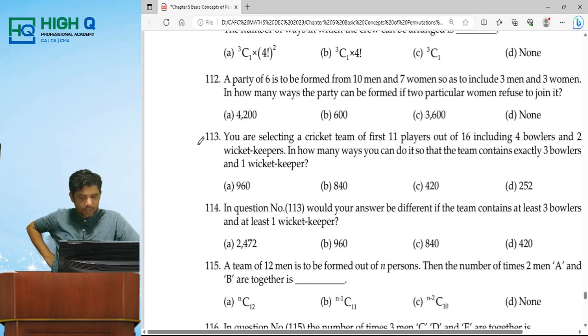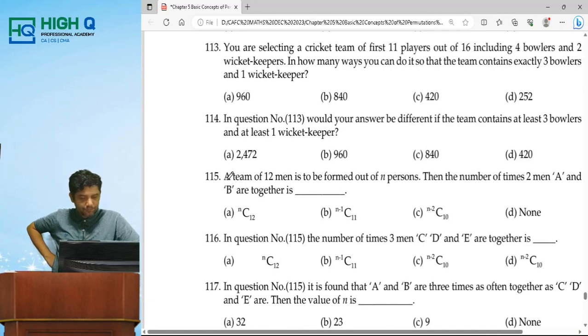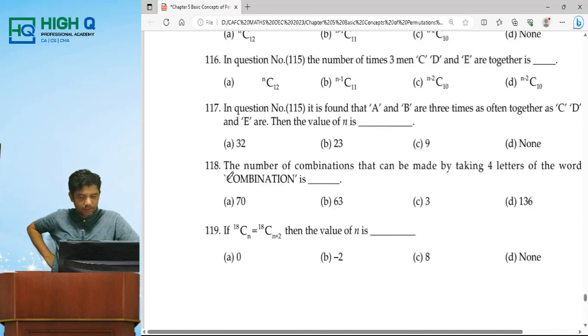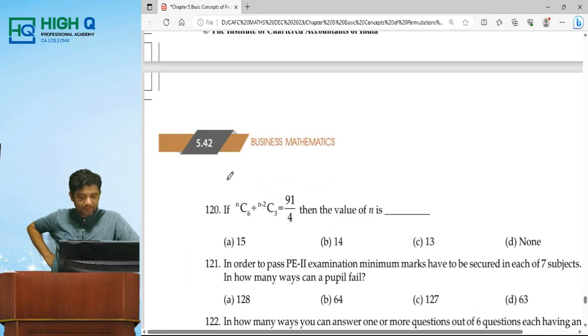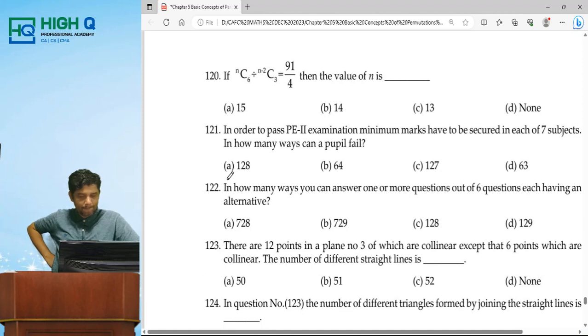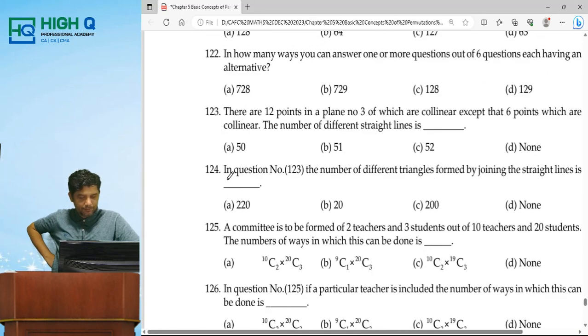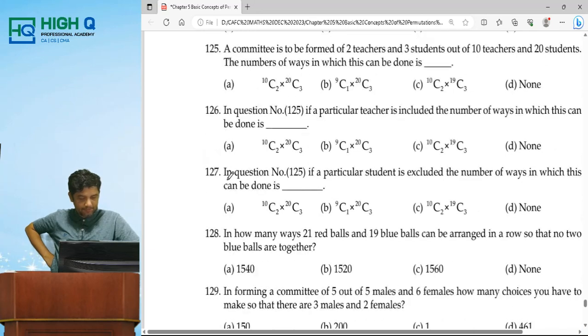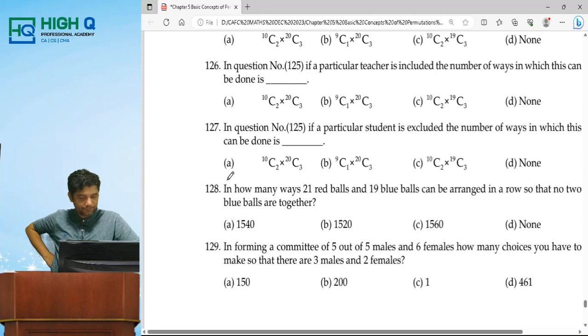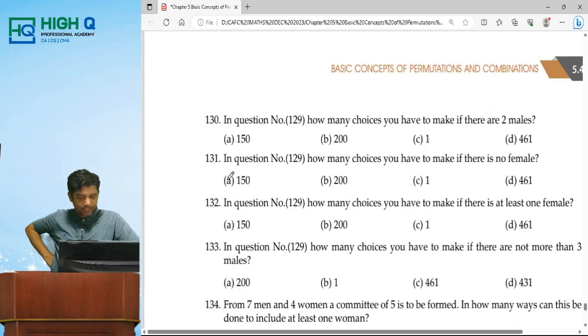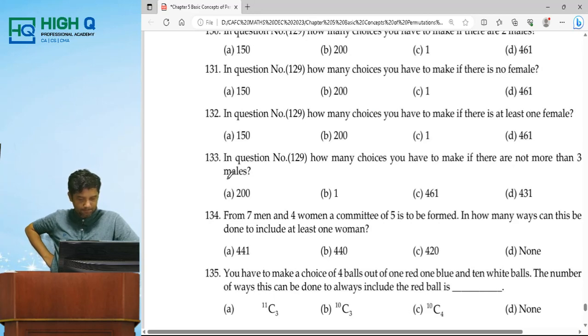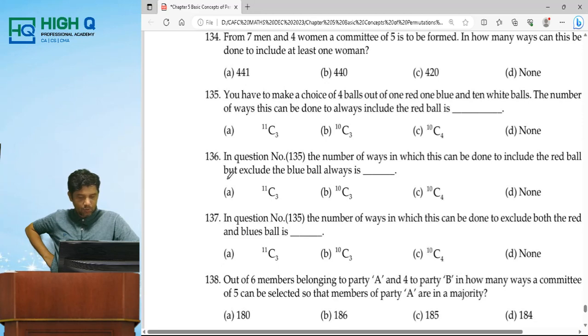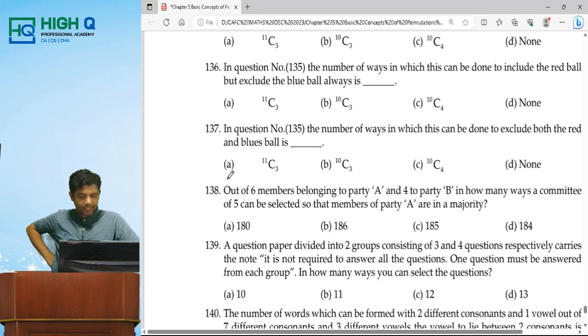Whatever answer you are getting, that is the answer. 113, 114, 115, 116, 117, 119, 120, 121, 123, 124, 125, 126, 127, 128, no, 128 not possible, 129, 130, 131, 132, 133, 134, 135, 136, 137, 138.